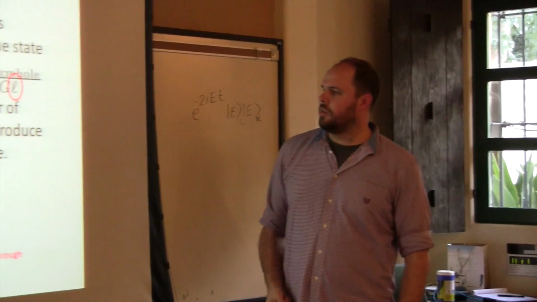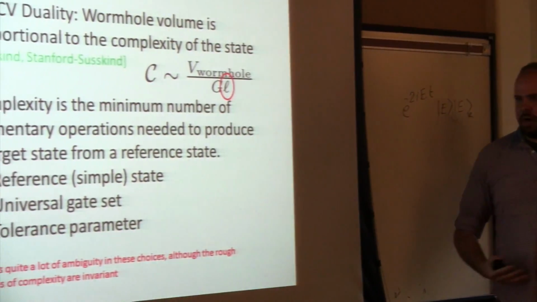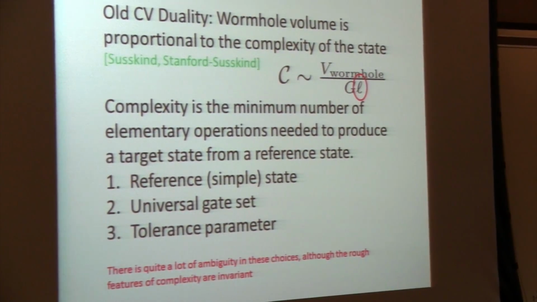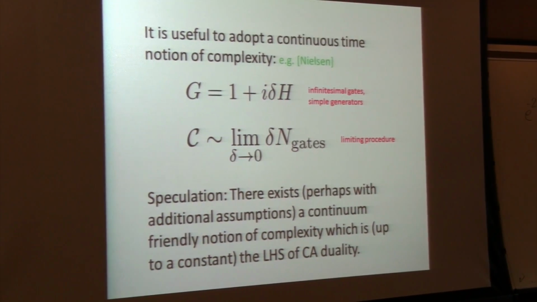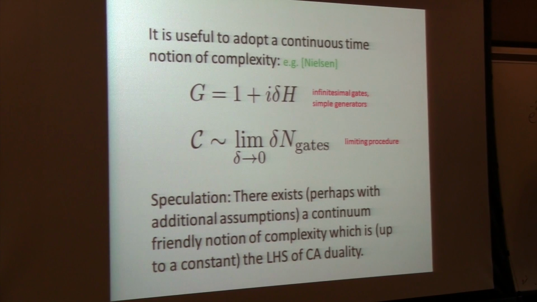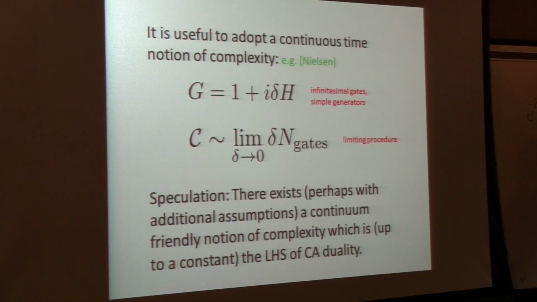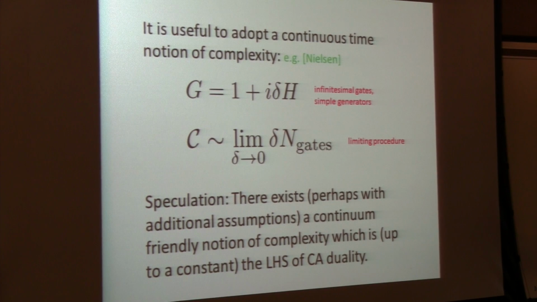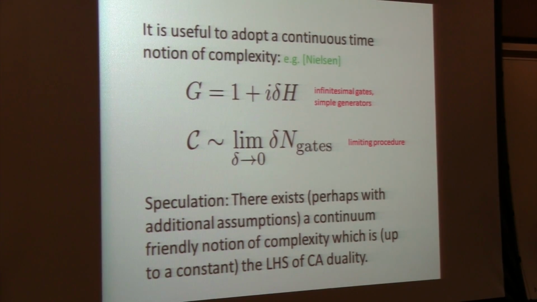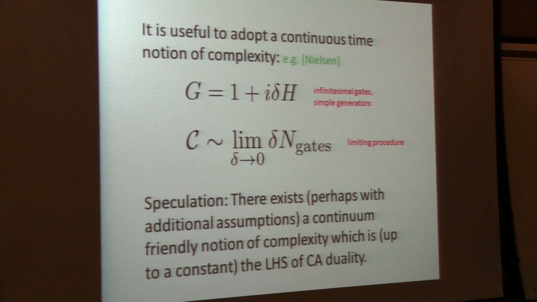Okay. So what you should really think about for the rest of the talk is that we're taking our reference state to be the thermofield double state. And the gate set is something which you should think of as like a limit of infinitesimal gates. This is sort of based on the ideas of Nielsen, where you define complexity as some kind of geodesic distance on the tangent space of the unitary group.